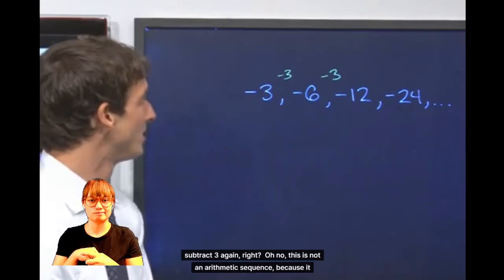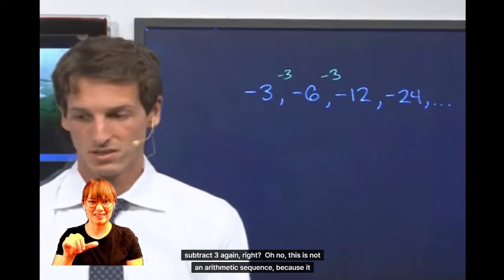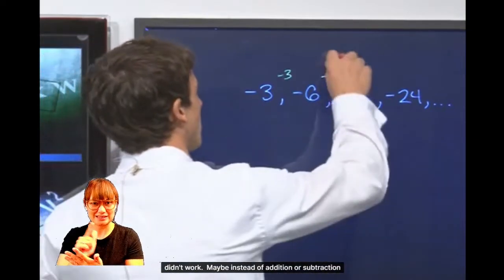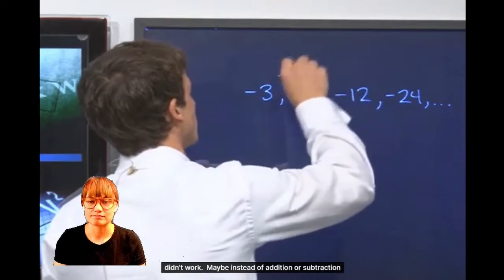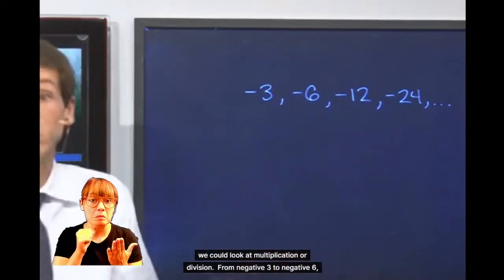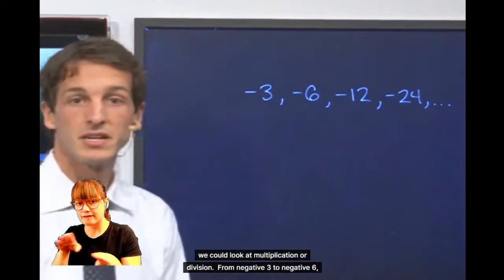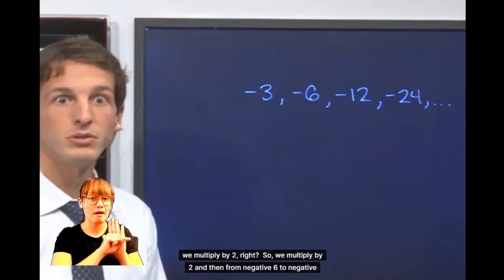Oh no, this is not an arithmetic sequence, because that didn't work. Maybe instead of addition or subtraction, we could look at multiplication or division. From -3 to -6, we multiply by 2, right?